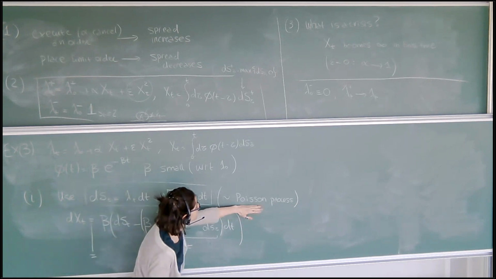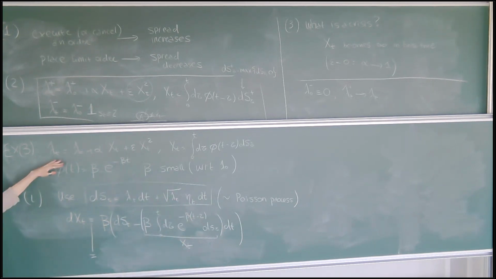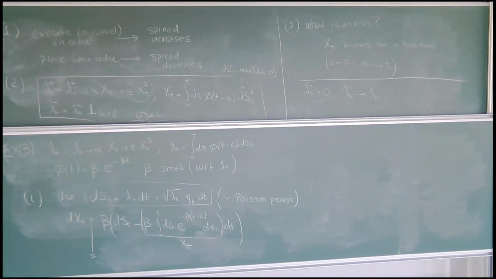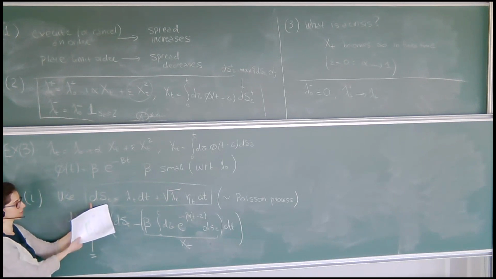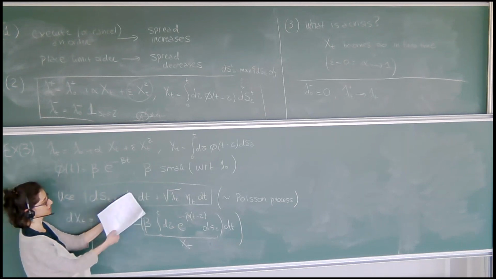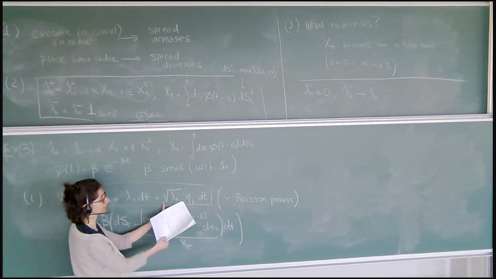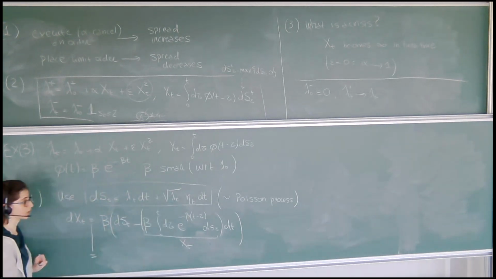You can motivate this by having in mind a Poisson process. The Poisson process would be the case in which α is equal to 0 and ε is equal to 0. In that case, the number of events in a small interval of time dt is Poisson distributed, meaning your average is equal to λ0 and your variance, σ squared, is again equal to λ.